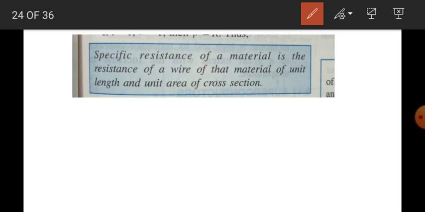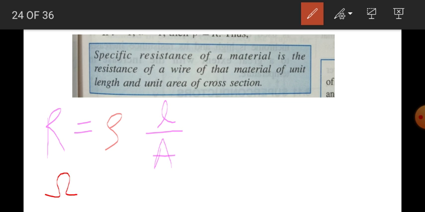Let me write down the formula here. Resistance depends upon length and area of cross section, isn't it? Here comes specific resistance. So, if my resistance is 1 ohm, omega is the symbol for resistance, resistivity. If my length is unit length, meaning 1 meter, and area of cross section 1 meter square, unit area of cross section, isn't it?